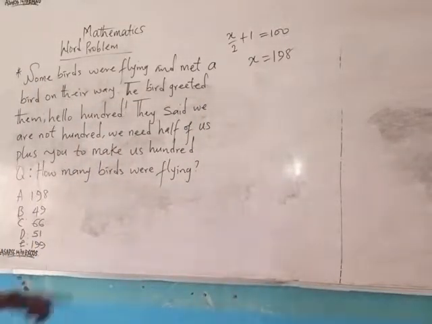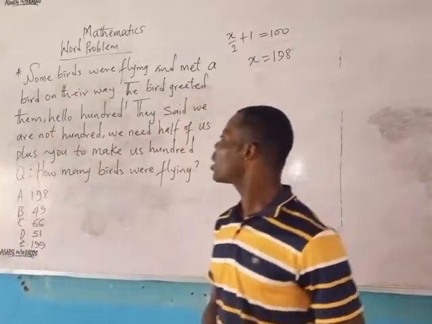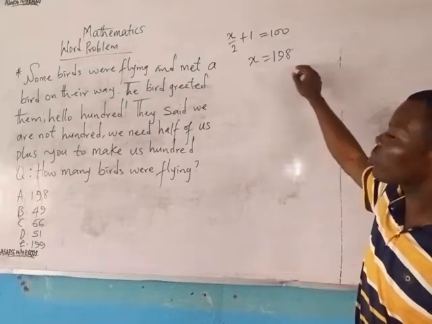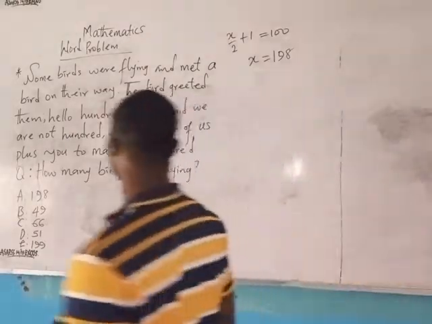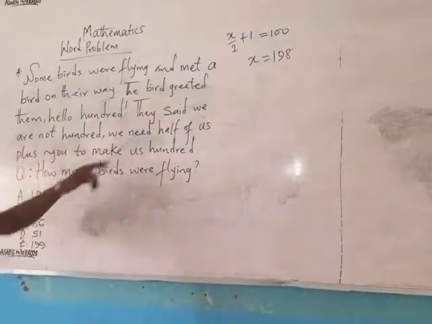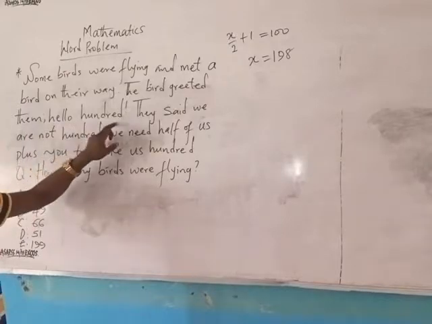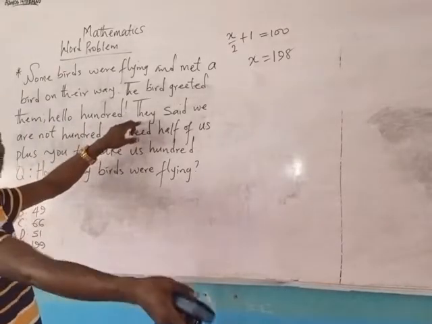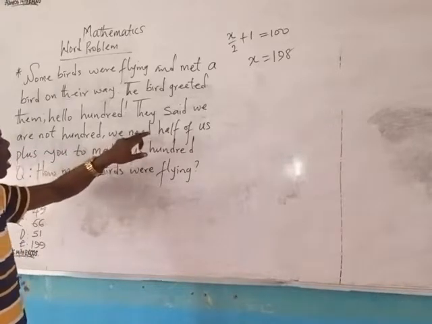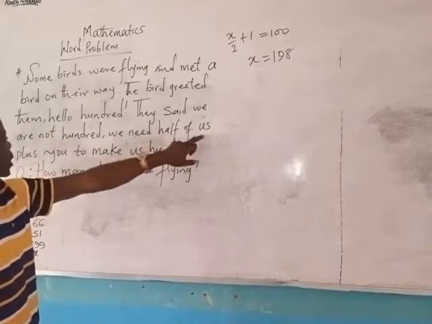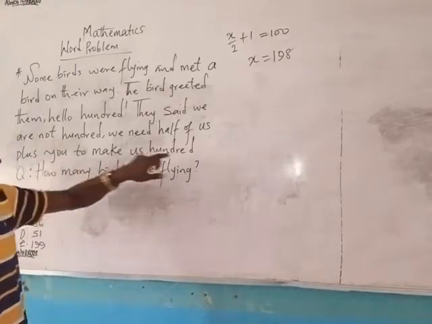But this question is more technical than this way we solve it. If we reason about this question, when the single bird greeted them, "Hello, 100," they rejected that statement, saying we need half of us plus you to make us 100.